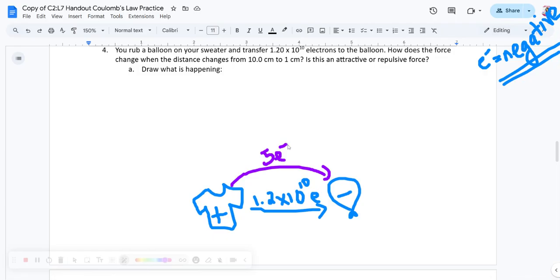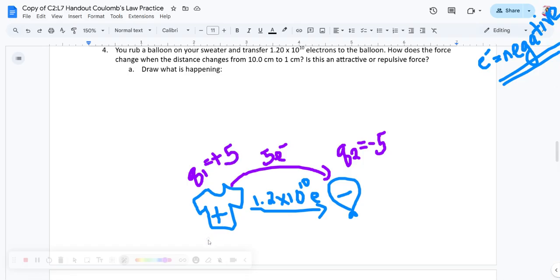If we just moved over 5 electrons, that means the balloon, we'll make this Q2 because it's on the second side, would have 5 extra negatives. So that means its charge would be -5. And the sweater would have lost 5 negatives, or lost 5 electrons. So that means it would have 5 positives.